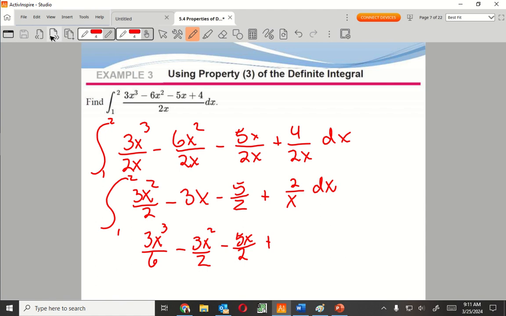The 2 squared over 2x. Where's your x at? In the bottom. So it means it's 2.